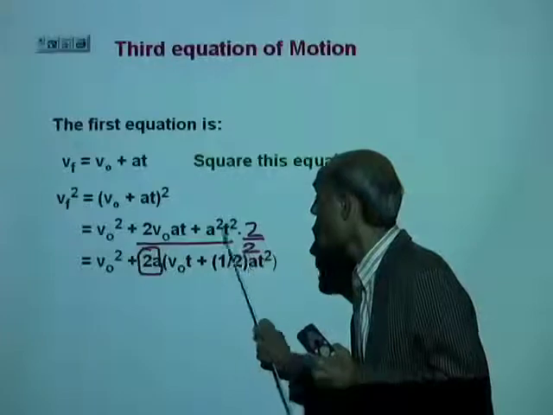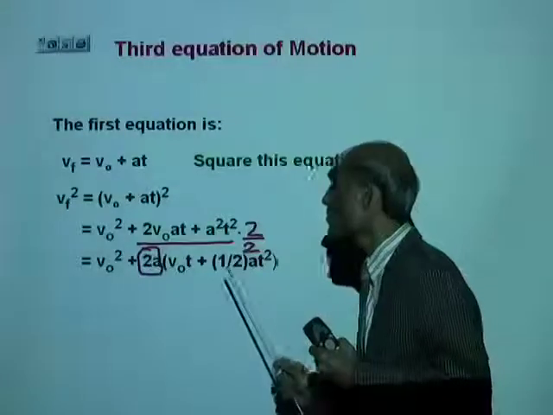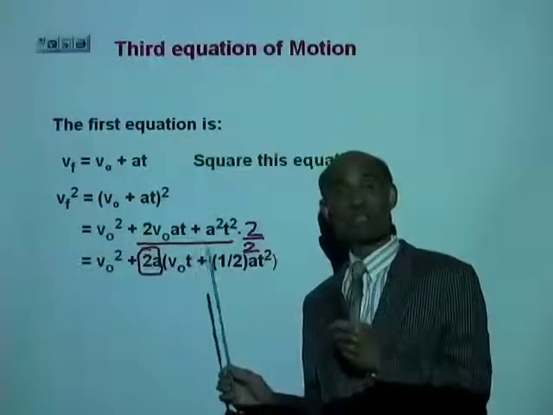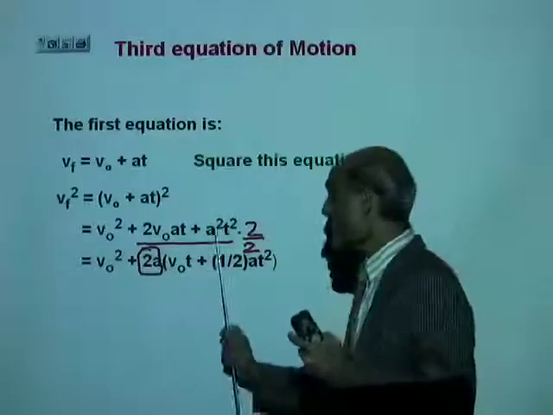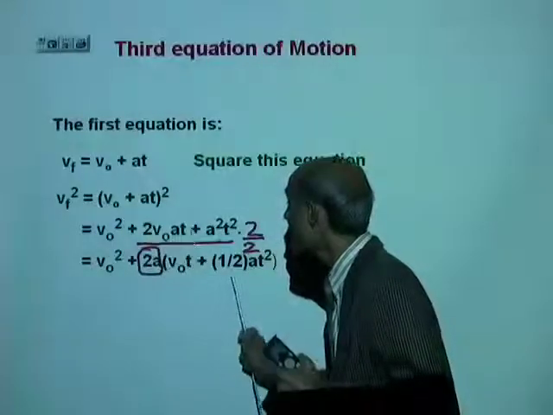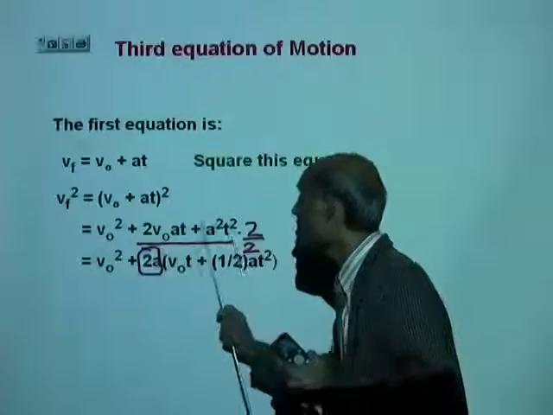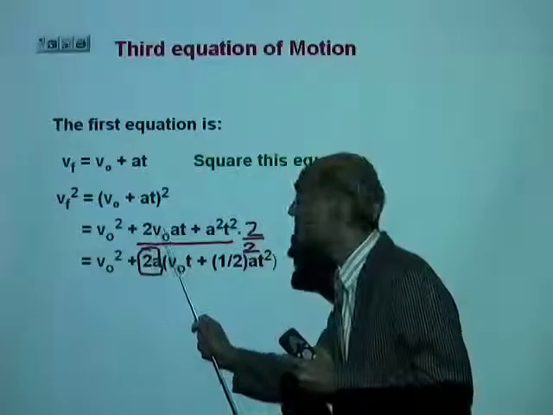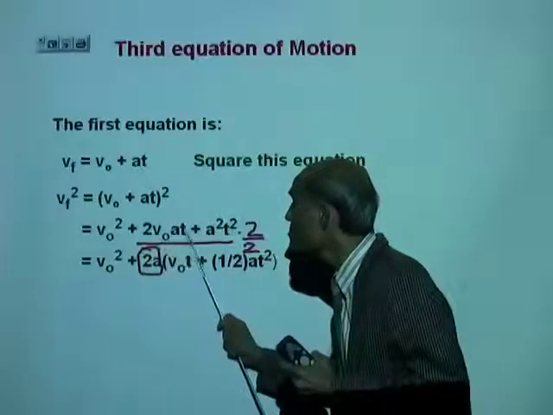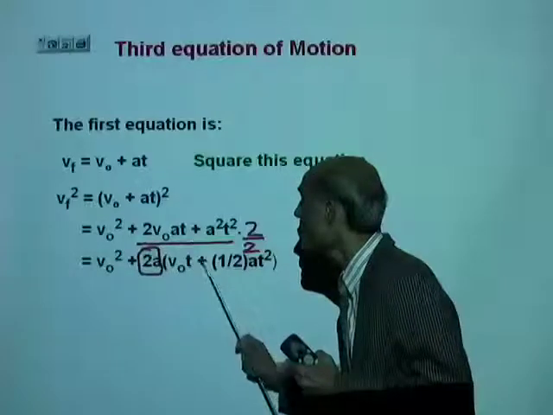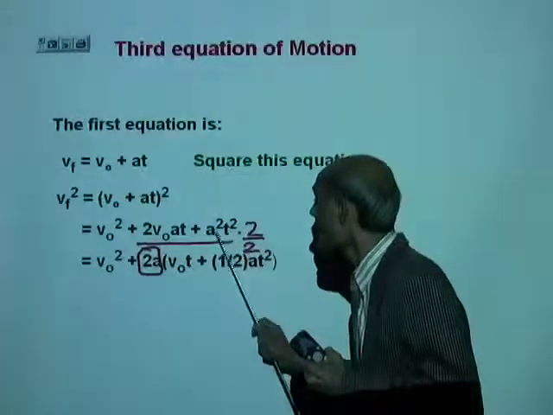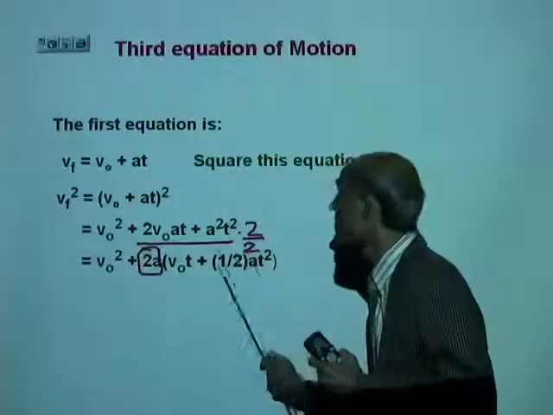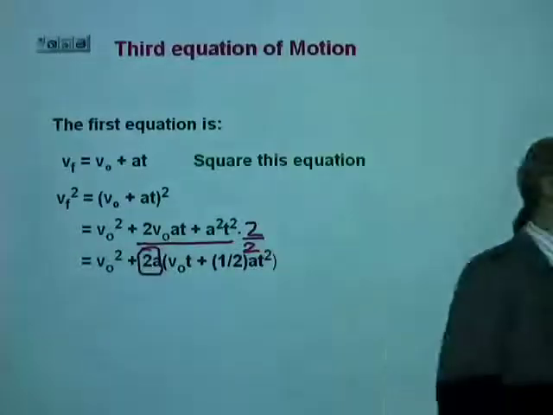That will be a 1/2 AT squared. Now, how beautifully we produce that quantity. When 2A is factored out from these two terms, what is left there is V0t in here plus 1/2 AT squared in the next term. Okay.